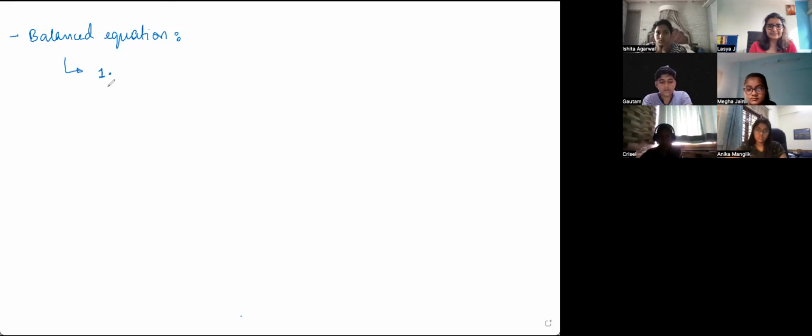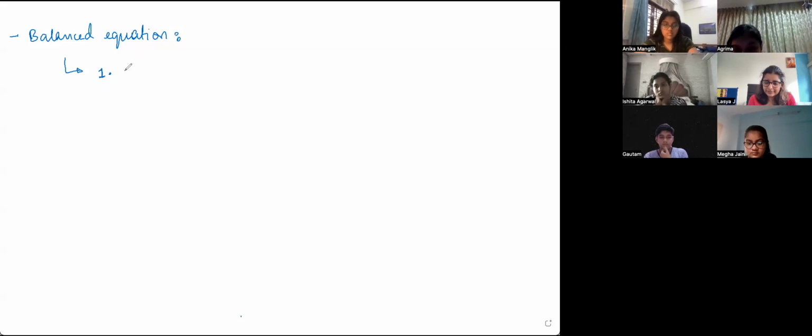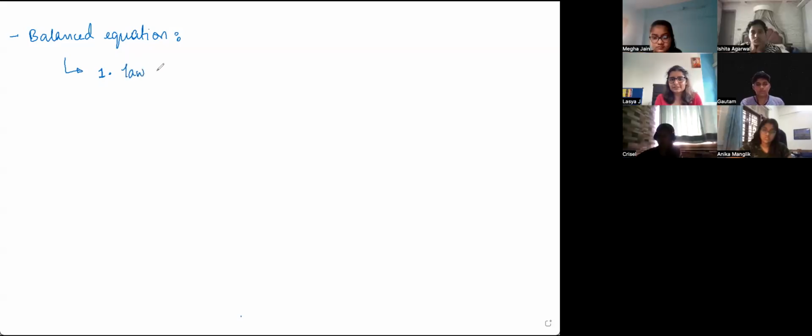The mass of reactants should be equal to the mass of products. Where did that come from? Yeah, in order to obey the law of conservation of mass. Yes, in order to follow or obey the law of conservation of mass.